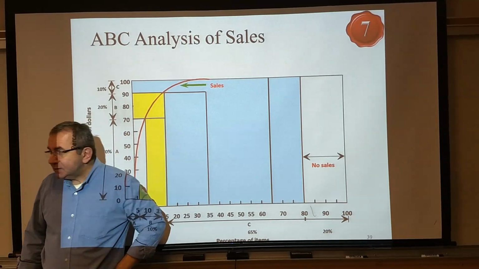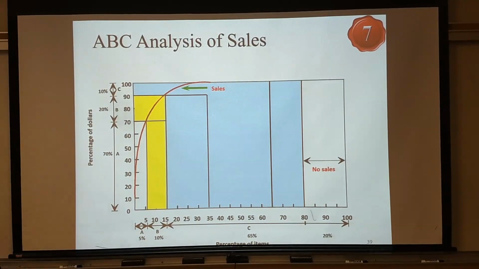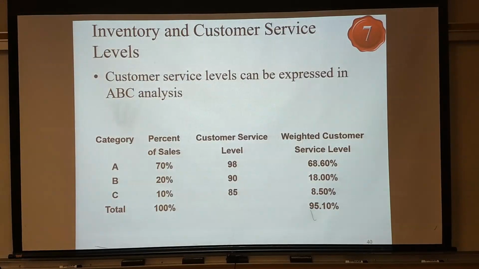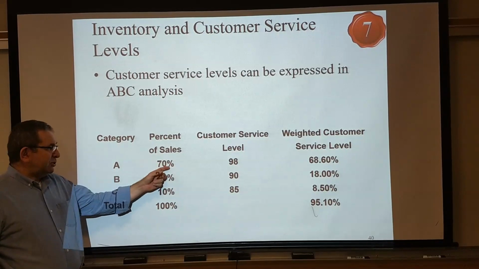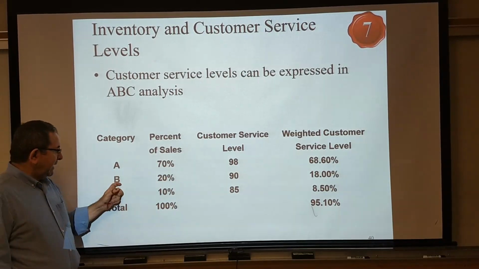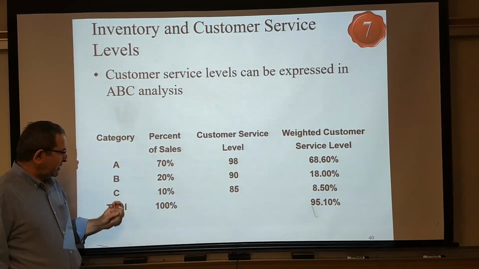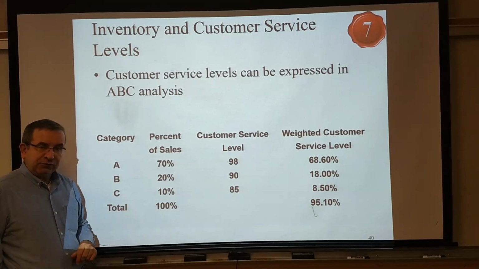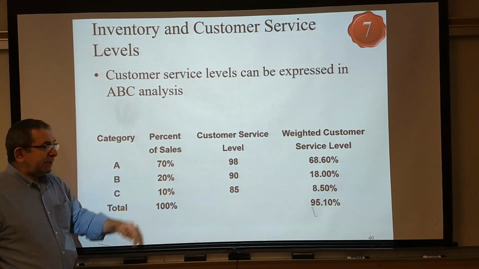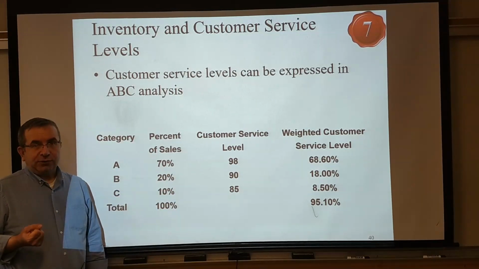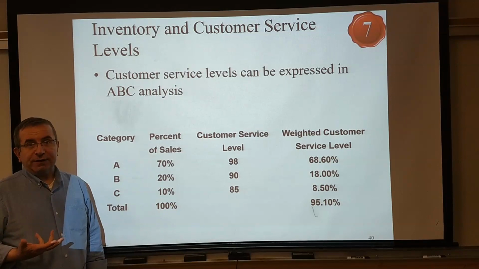Okay? So if we're talking about this in terms of inventory management, let's say your A items generate 70%, B items generate 20%, C items generate 10% of your revenue. You want to have different policies for them. You need to manage them differently.